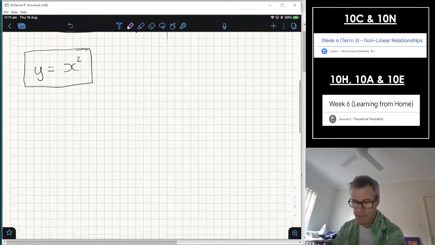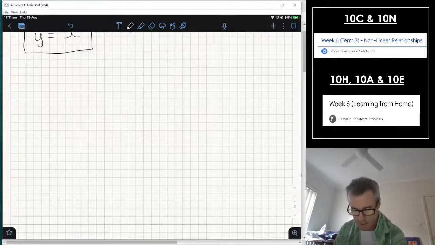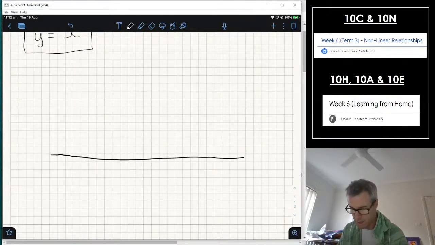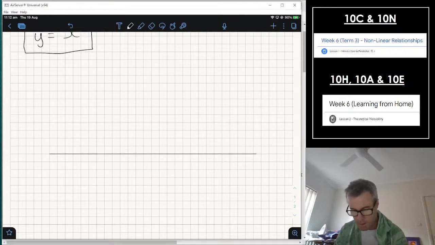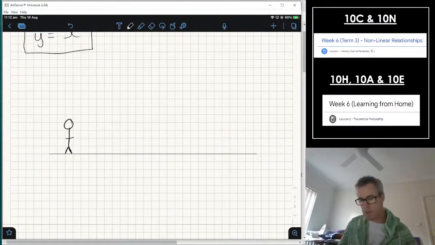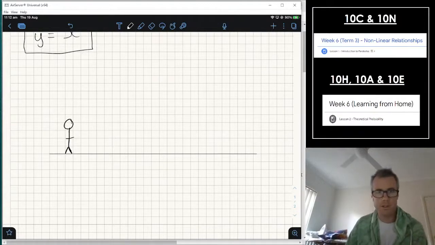Well, think of it like this, right? Let's draw a little picture. Let's say that you're standing on flat ground, like so. That's you standing on flat ground. Now, let's say this is one of those weird extreme events where there's no wind resistance, there's nothing.